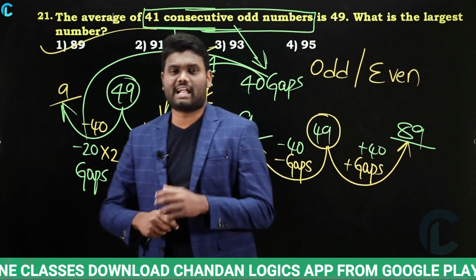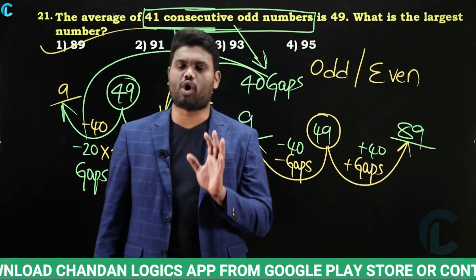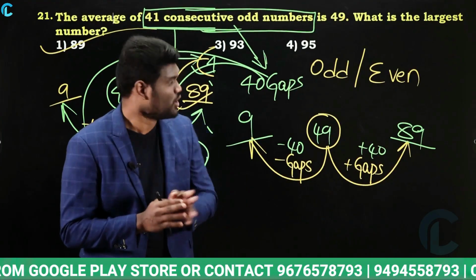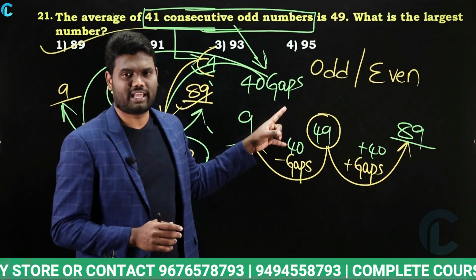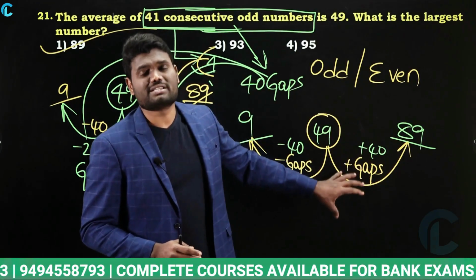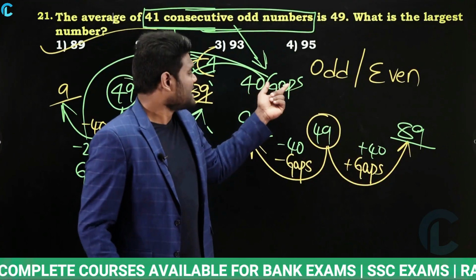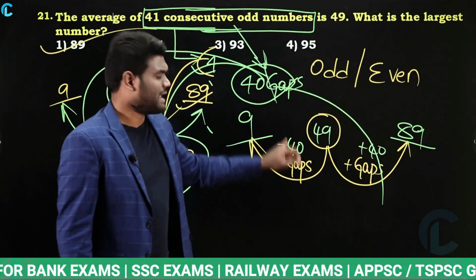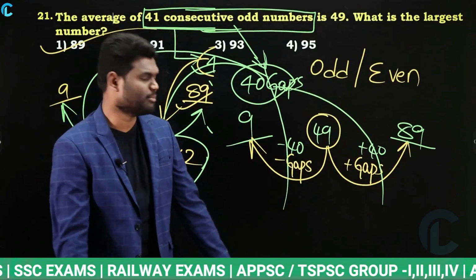But whenever it is consecutive even numbers or consecutive odd numbers, you just need to know how many gaps there are. Once you know the gaps, if you need the highest number, add the 40 gaps. If you need the lowest number, subtract it. That's it. Nothing more is required.